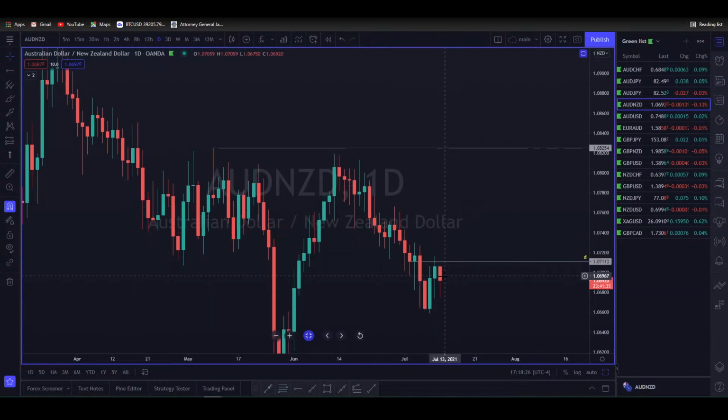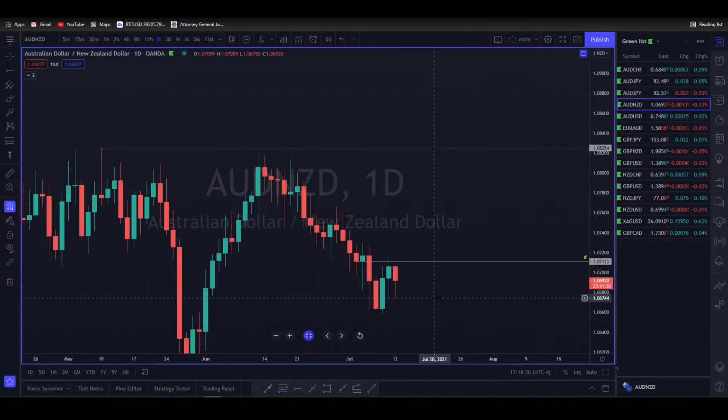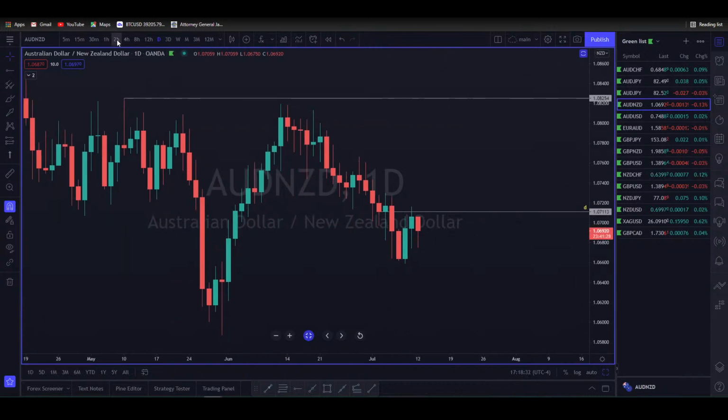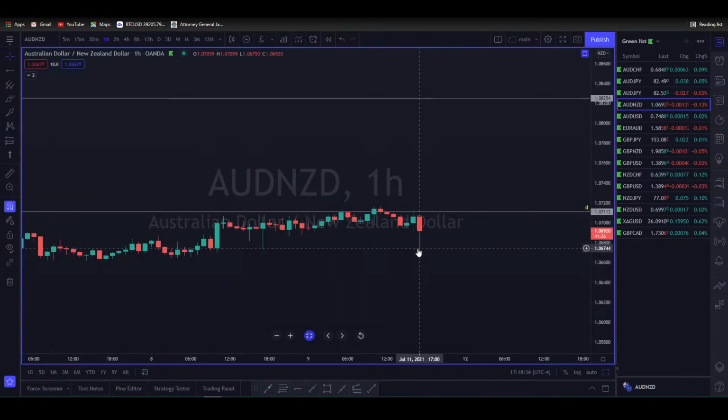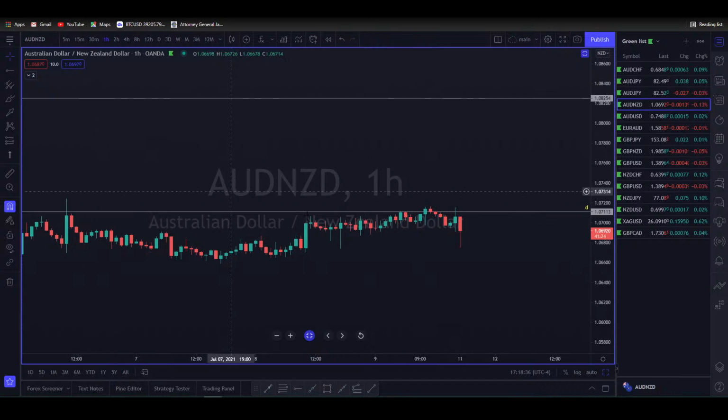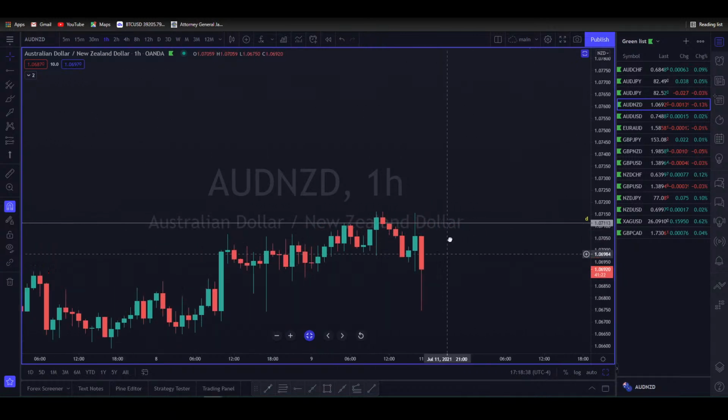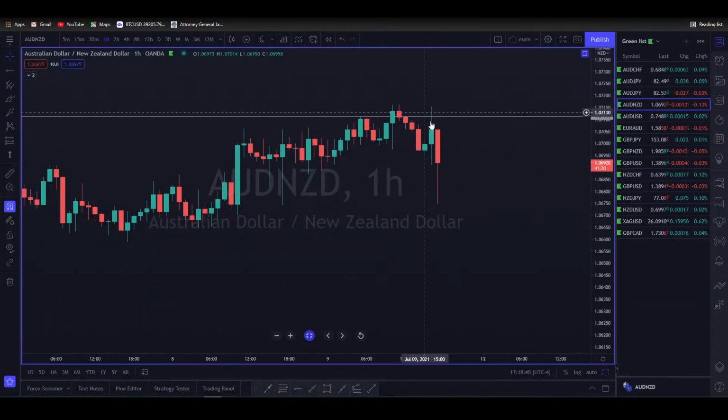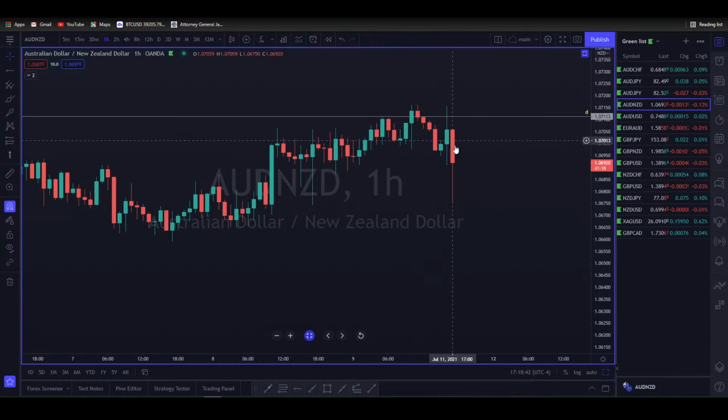All right, today has already opened, and you can see the move that you've already had on the Aussie New Zealand. Look at this. This happened during the open. Boom, there it was. 10 pip spread still, not looking for anything. So we're going to see if this level holds. All right, I don't trust the Asian session moves.